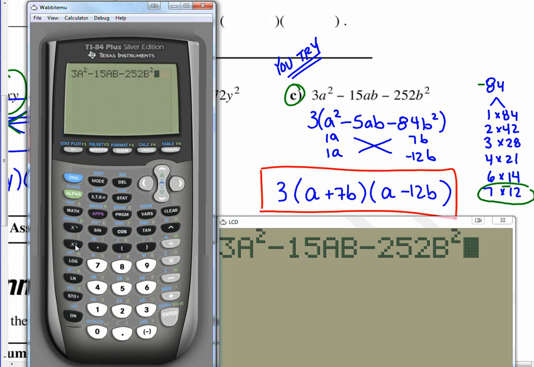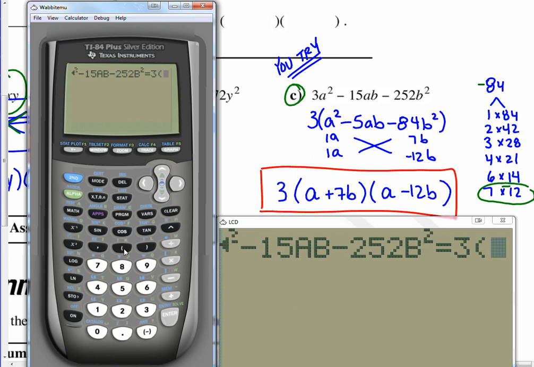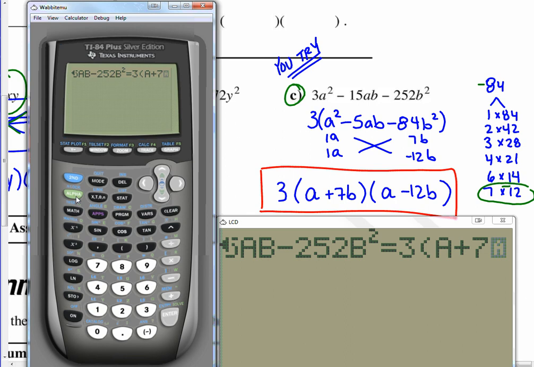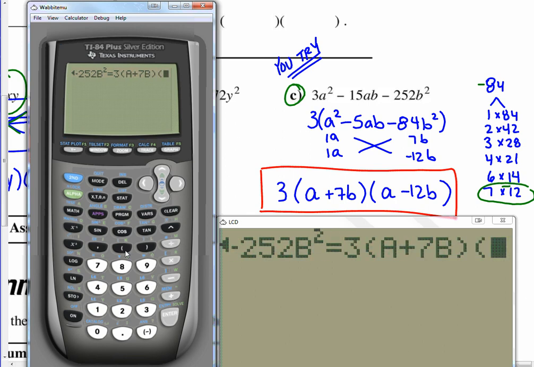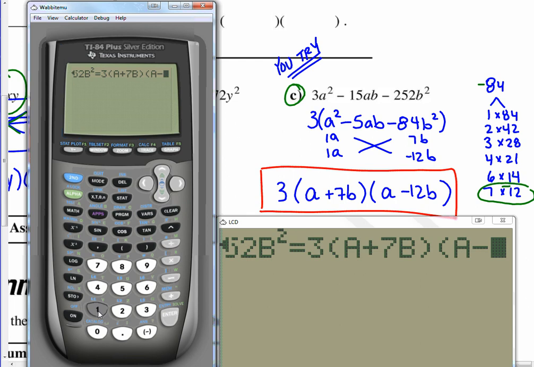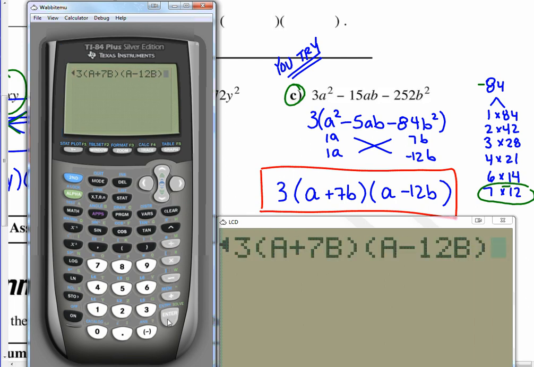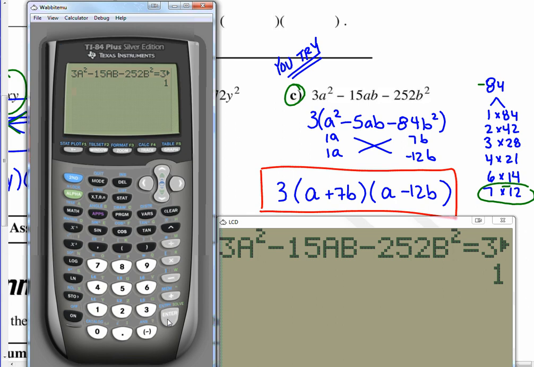Okay, and then I want to test. Second math, is that equal to my answer, 3 times a plus 7b times a minus 12b? If it's true, it'll give me what number? 1. Cool.